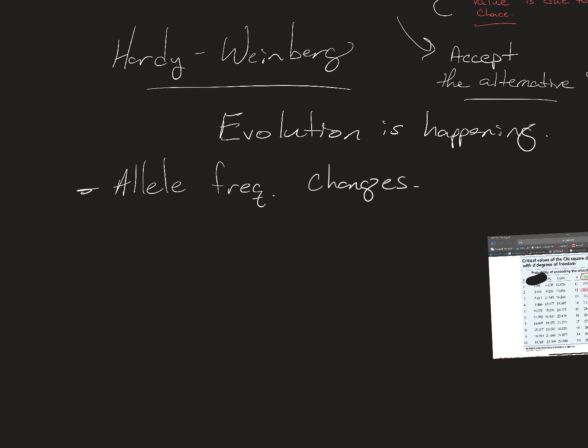Hardy-Weinberg says that p squared plus q squared equals 1, which means they have to be equal.